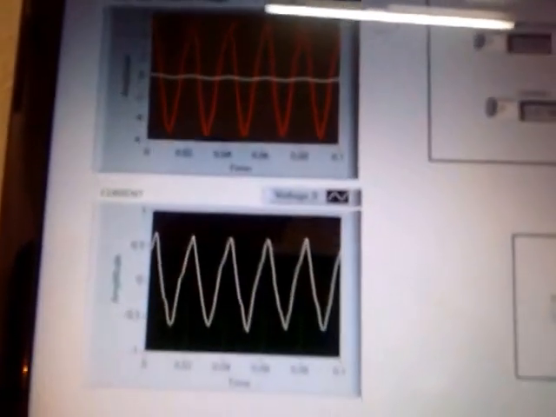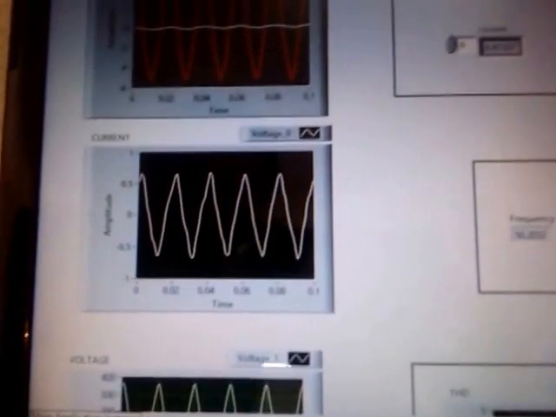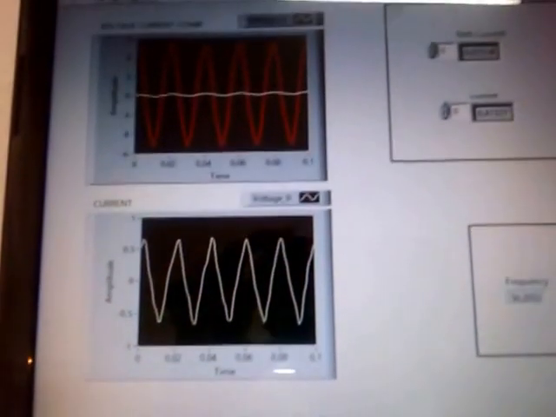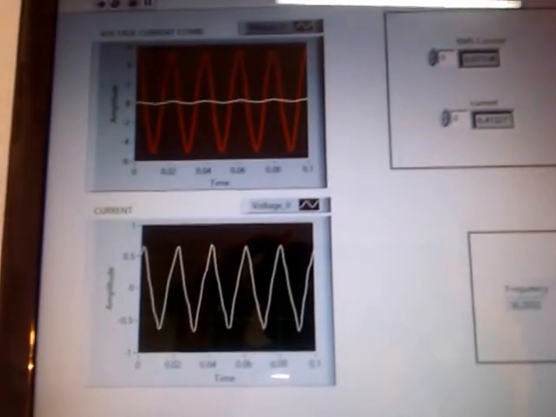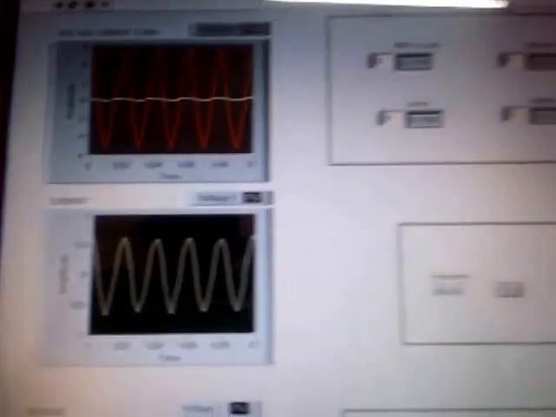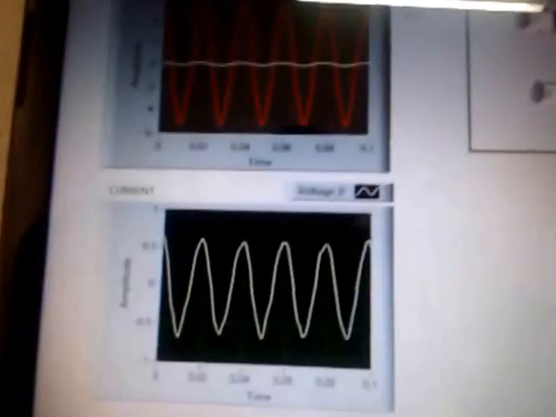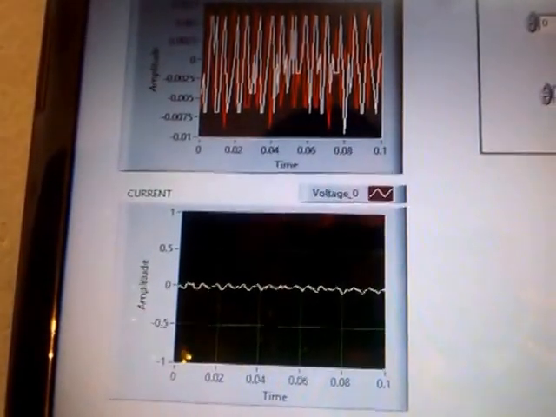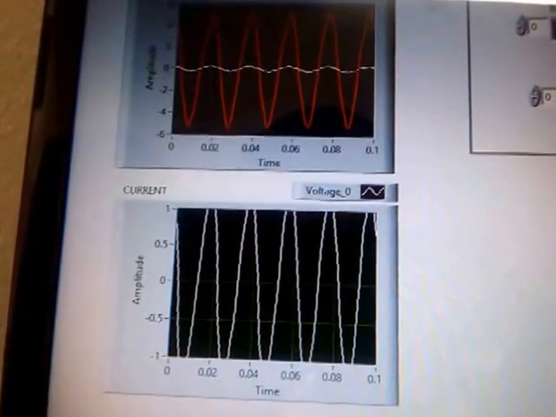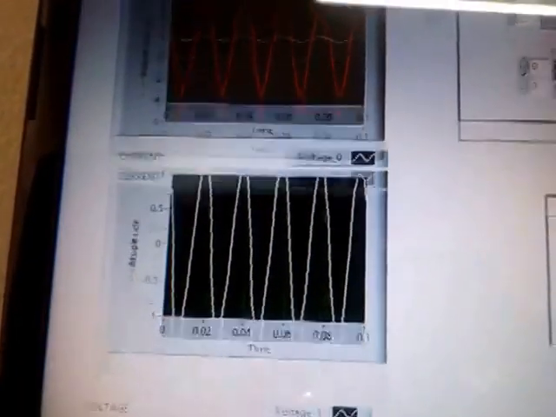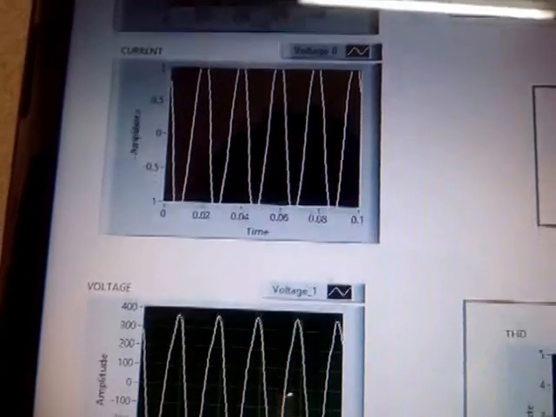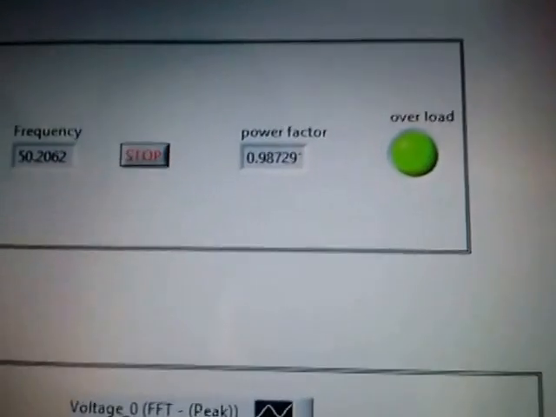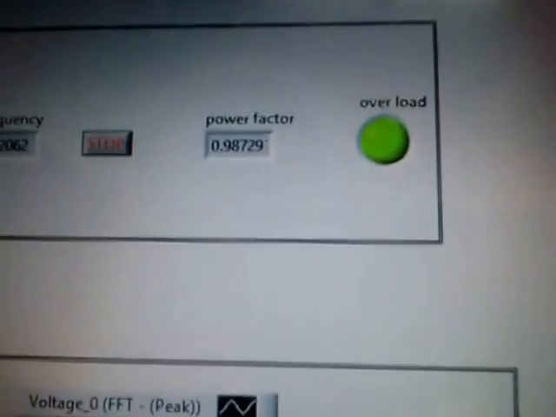When the relay is operated, you can see the current and voltage waveforms. The current becomes 0 and the voltage, there is no voltage from the supply, so it will give a distortion in the voltage. And even there is a indication that there is an overload.